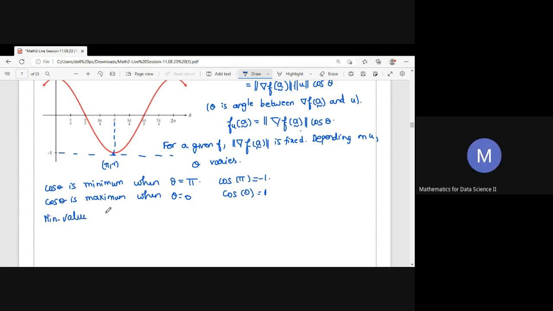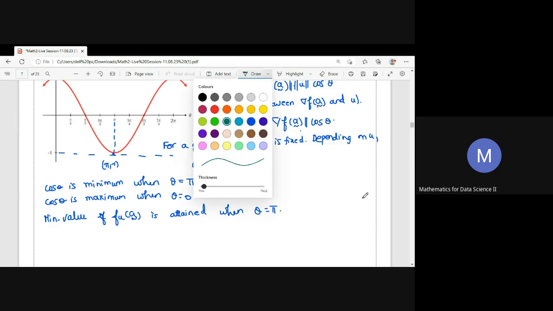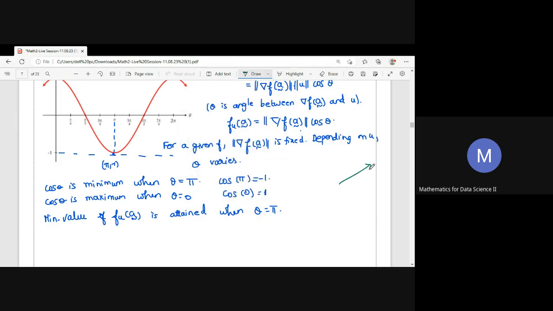So the minimum value of fu of A tilde is attained when theta is equal to pi. Theta equal to pi means, suppose this is the vector del f of A tilde, then you should have 180 degrees. Pi is 180, right?